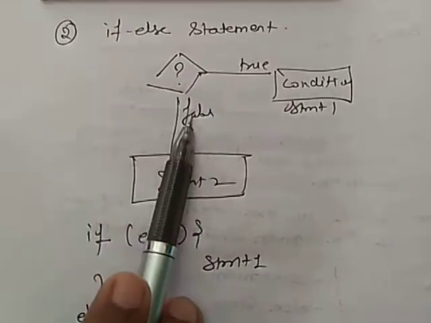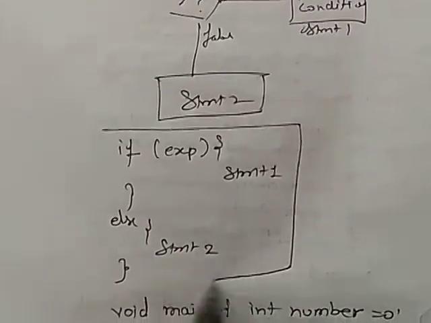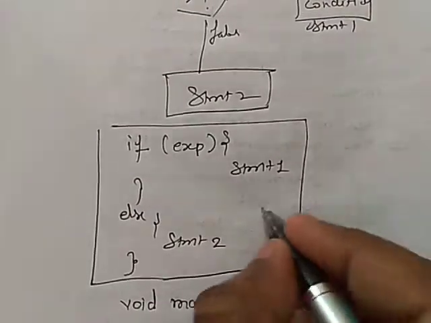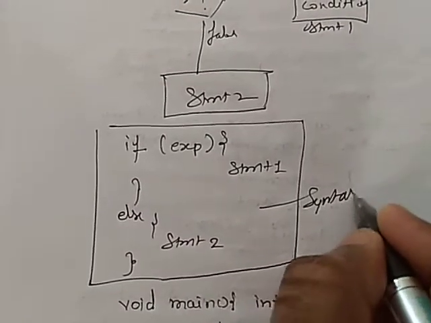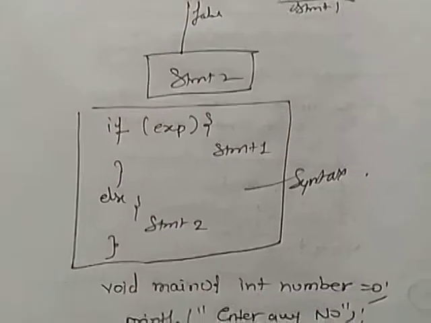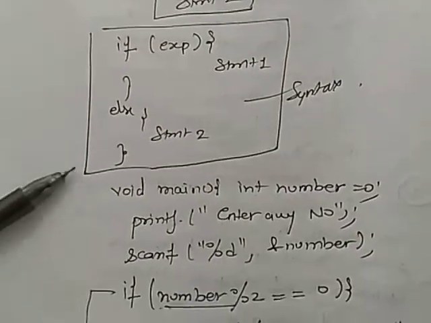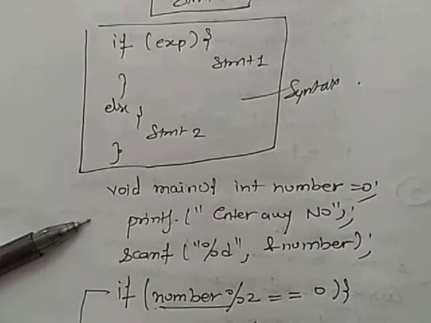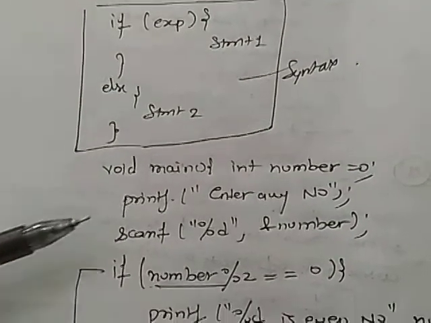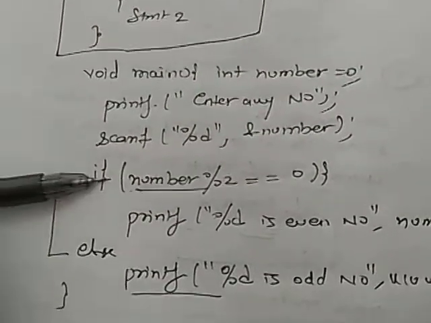If the condition is false, statement 2 is executed. And this is the syntax of the if else statement, and this is the program to find out whether a given number is even or odd.